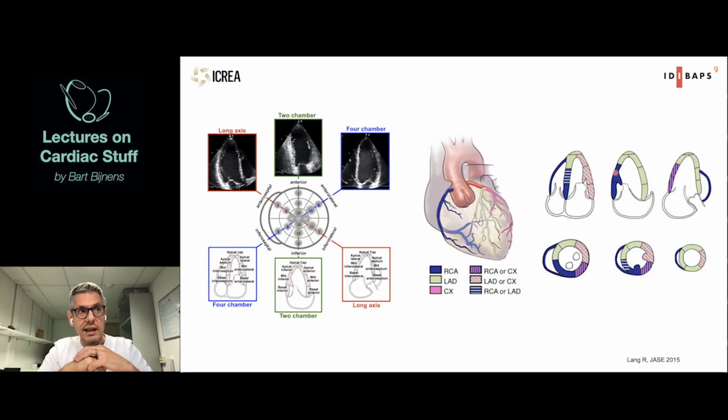Now, another thing related to these segments, and I might have mentioned that before, is that when you visually score segments, as has been done and still is being done in a lot of echocardiography, you can assign abnormalities to a certain segment, even if it extends a little bit into the other segment or is smaller than that segment.